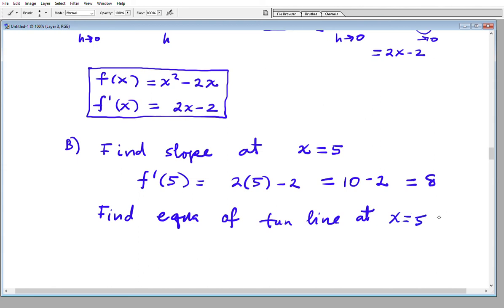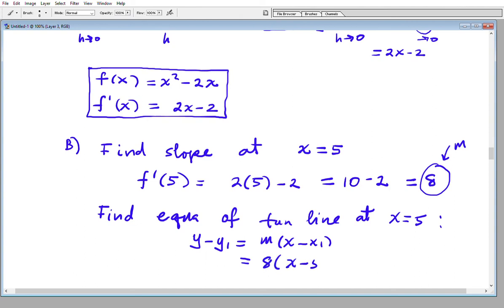All right, so if we just use this form, then we really have no work to do. Just fill it in. We have the slope we already got, it's 8. That's our slope. x minus x1, x minus 5. Here we just have to figure out y1.